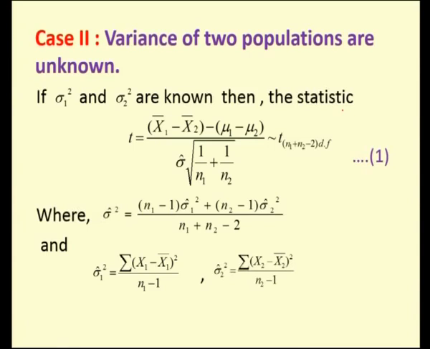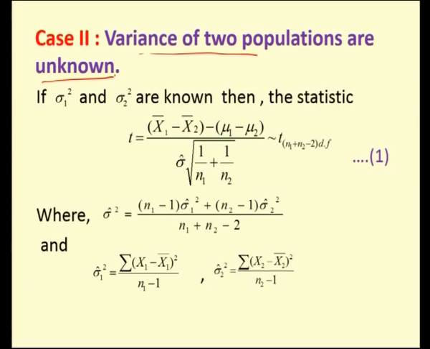So, next we are going to discuss the second case, when the variances of the two populations are unknown. If they are unknown, then we have to consider a case where the sample size is small.